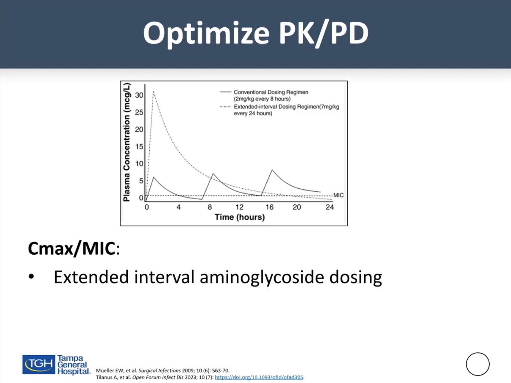This visual is showing the compare and contrast of what's called conventional aminoglycoside dosing. You've probably heard doses of roughly 1 mg/kg every 8 hours. That's what's shown here in the solid black line. That's contrasted to our extended interval aminoglycosides, where you see a much bigger dose hitting a much higher peak to improve the efficacy of the drug.